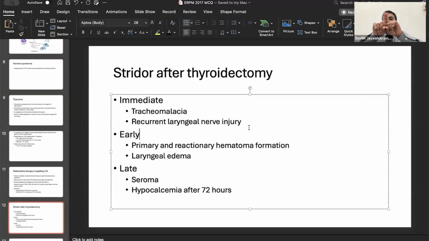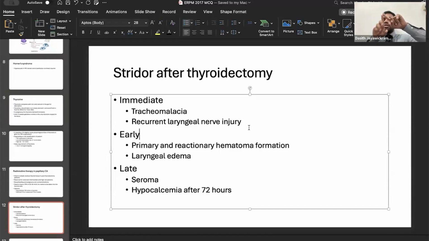So what does this do? It abducts, so there's a space between the vocal cords. But the superior laryngeal nerve supplies the adductor. It causes adduction. It closes the lumen, so there's no airflow. So what happens? Imagine one side only, if the recurrent laryngeal nerve goes, still the other side can be open.